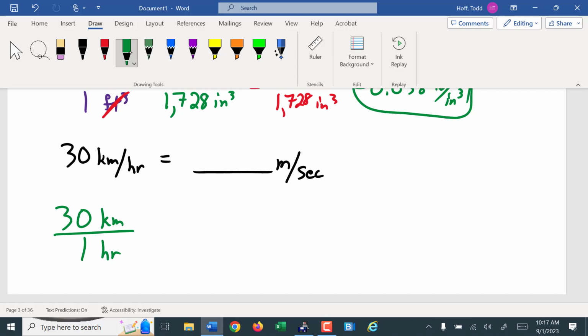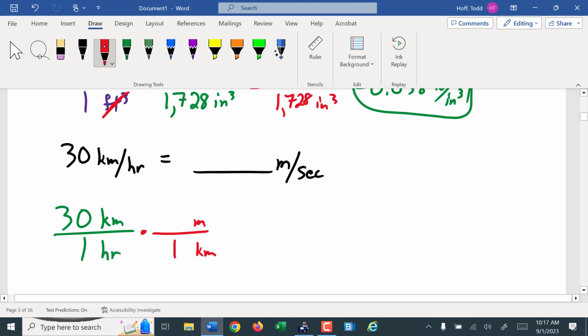So once again, 30 kilometers per hour is 30 kilometers over 1 hour. We have to change kilometers into meters. We could use a conversion factor if we wanted to, putting kilometers on bottom, meters on top. Which one's longer, a kilometer or a meter? Kilometer. And a kilometer contains 1,000 meters. If you don't remember that, you can go back to the chart.